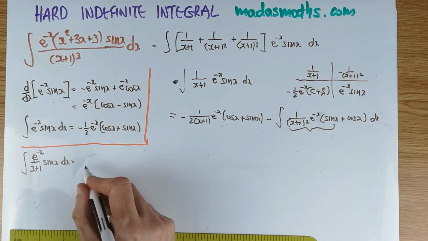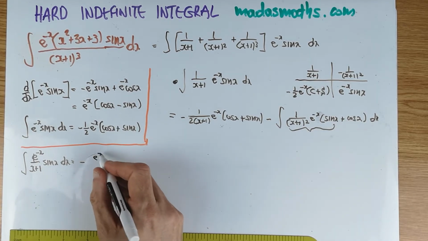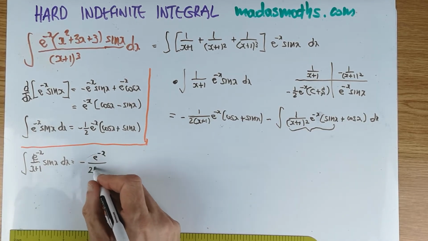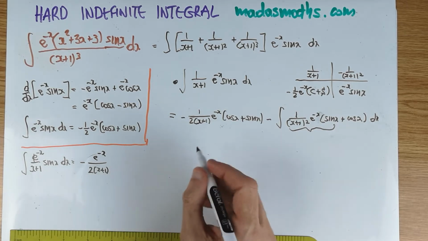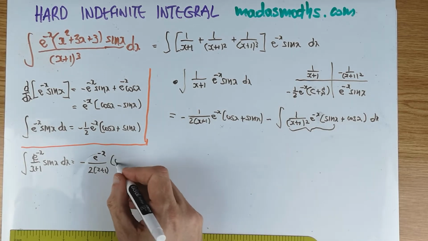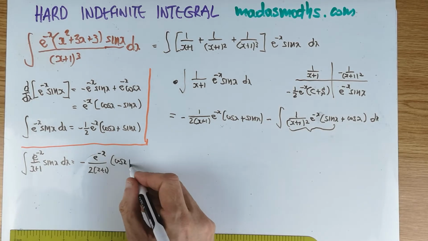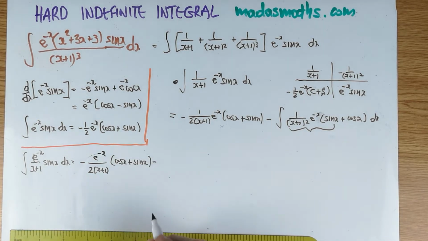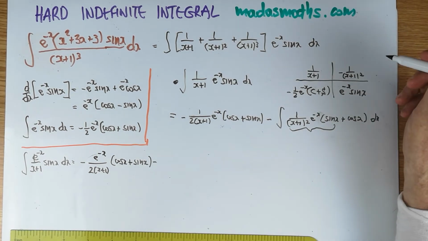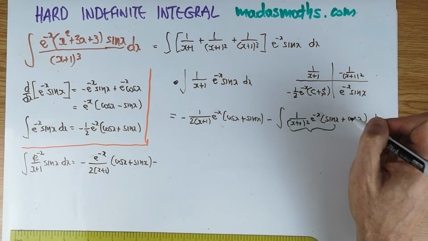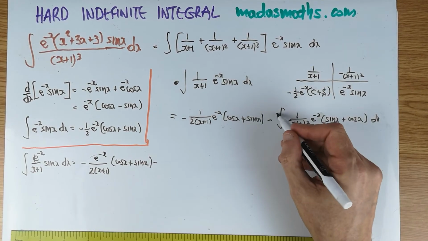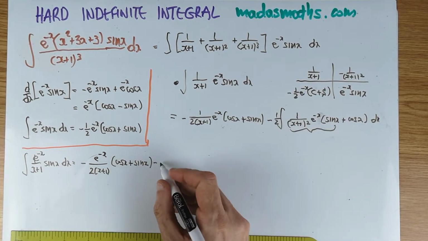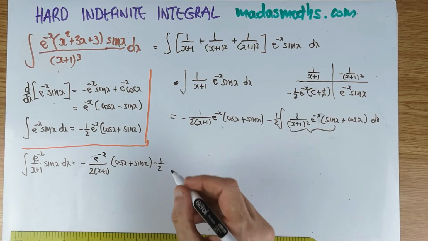It turned out to be a minus e to the minus x, bracket, very easy to miss things here, cos x plus sine x minus... I missed a half in here, by the way. Sorry about that when I did this product. I'm notorious for mistakes, so please watch me.